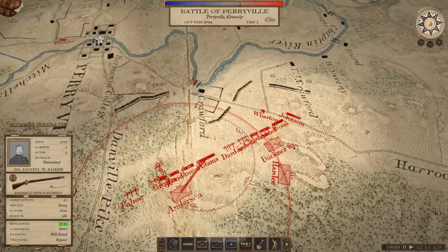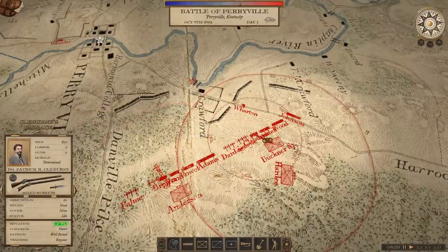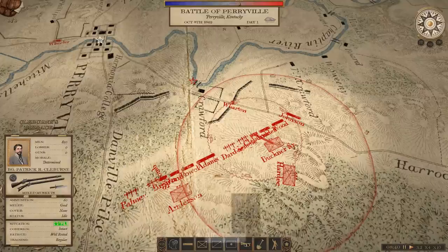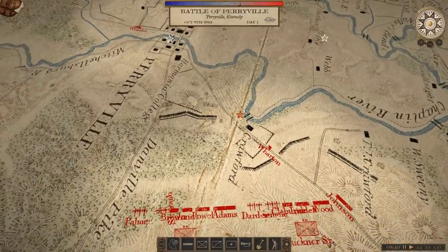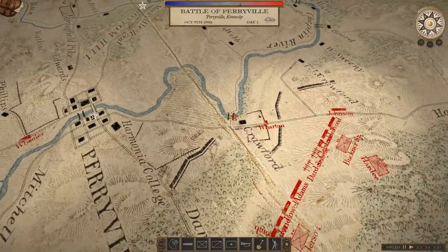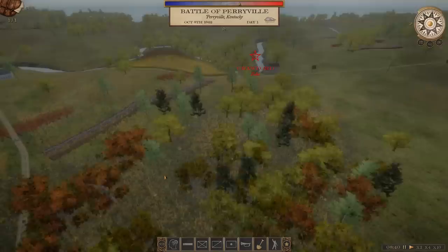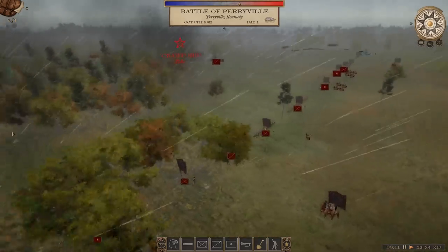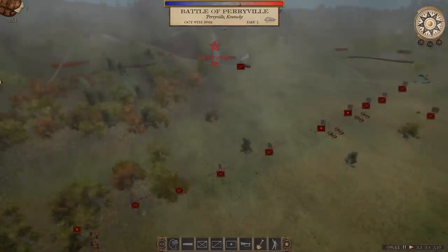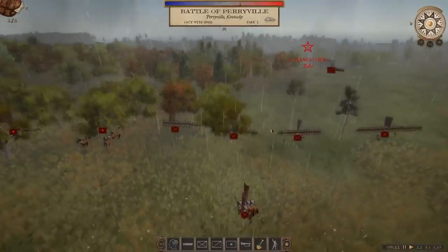Then let's use Adams' infantry brigade with some 1,700 troops, and another smaller brigade from Buckner's division. And these 3 units we can use as the reserve and deploy on the east side to the entrenchments we have built during the pre-battle deployment. And we can use these to react to any enemy threats.